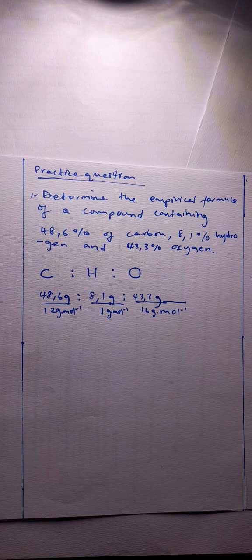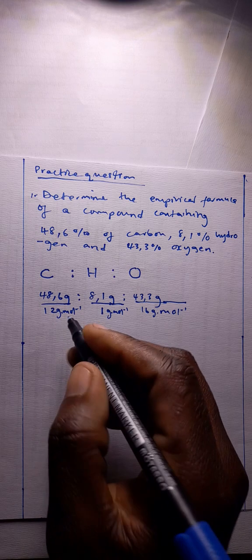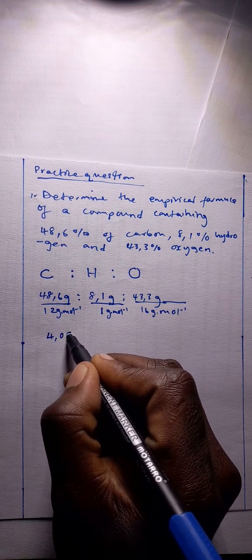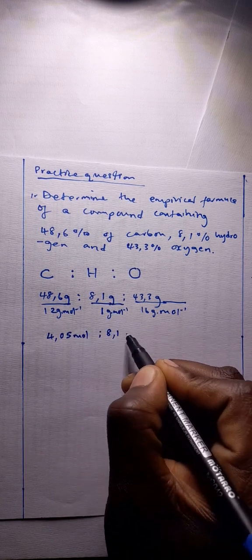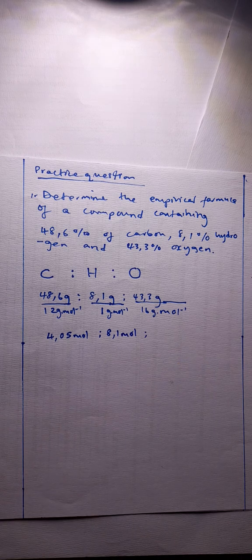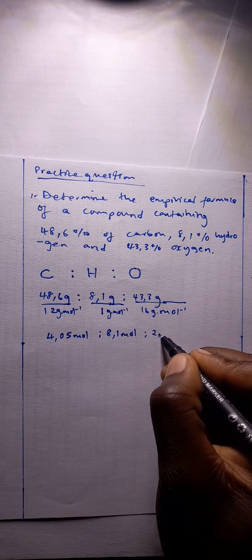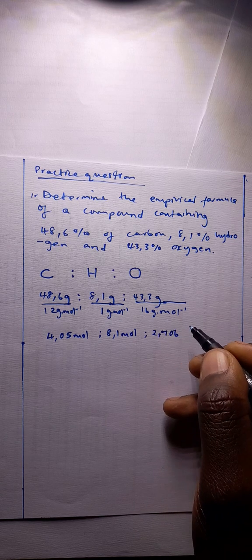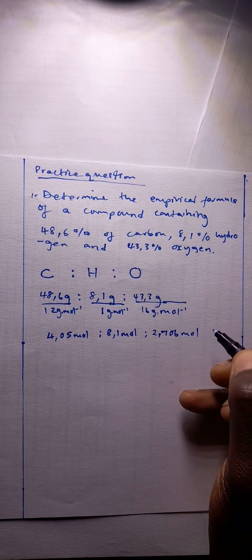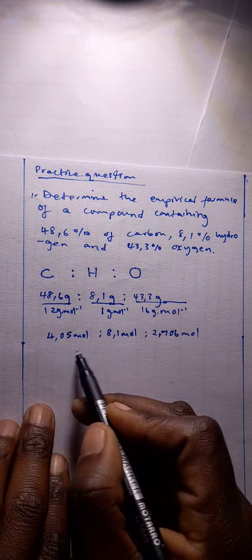So 48.6 divided by 12, I get 4.05 mole. Then 8.1 mole for hydrogen, and for oxygen I get 2.706 mole.